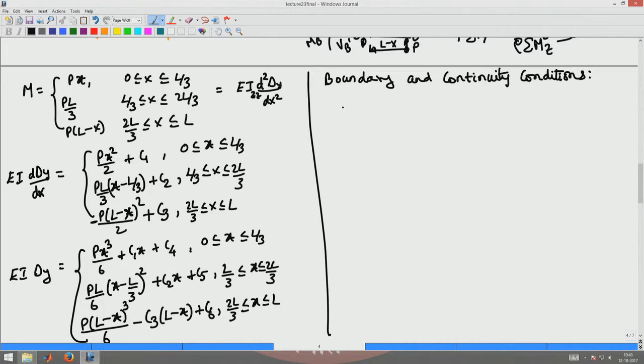I know that there is no vertical deflection at A and there is no vertical deflection at B, the right and left supports. So, delta y at x equal to 0 is equal to 0 and delta y at x equal to L is 0. This is the boundary condition.